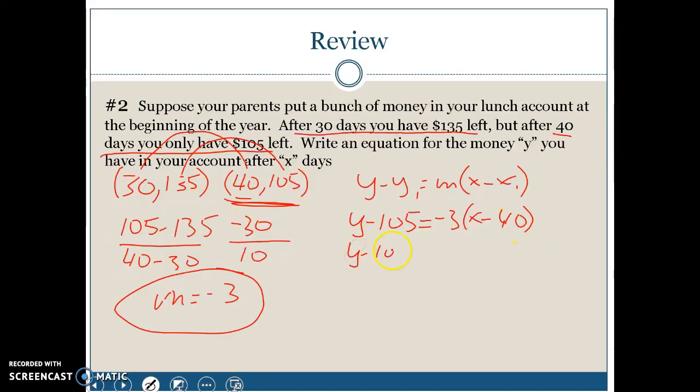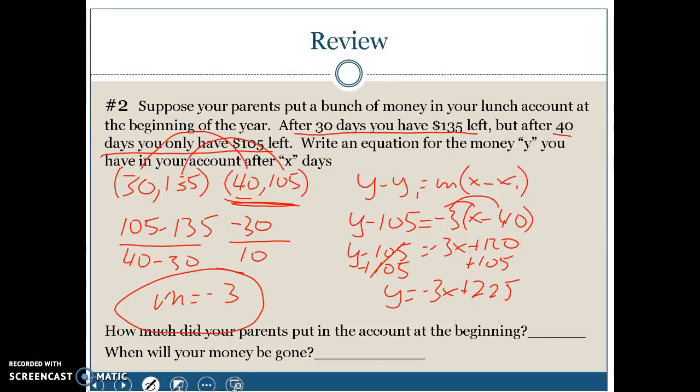So we have y minus 105 equals, if I distribute, negative 3x. Negative 3 times negative 40 is a positive 120. Then I'm going to add 105 to both sides. So I will have y equals negative 3x plus $225. Now that means your parents must have put in $225 at the beginning of the year, and you're using $3 every day.